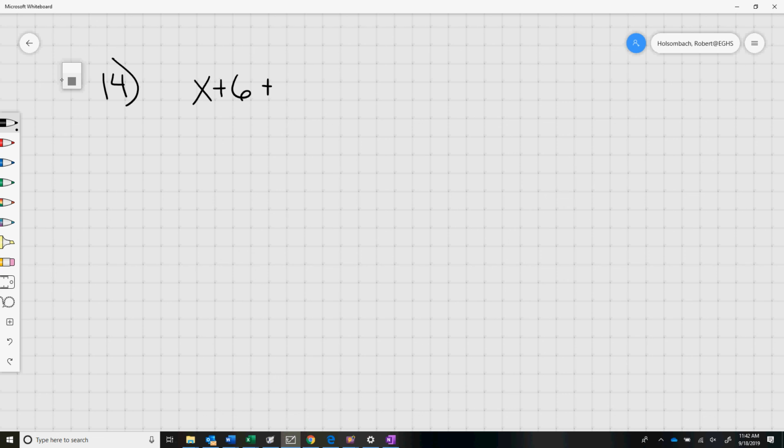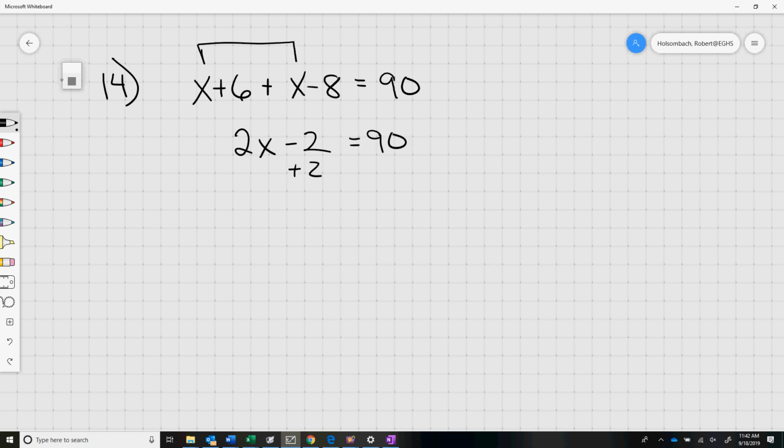So when you combine your like terms, 2x, and then you got a positive 6 minus 8, that's negative 2. So add 2 to each side. Your 2x equals 92. Divide by 2, and x equals 46.